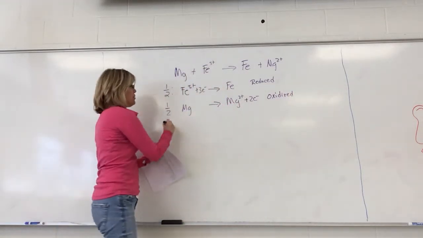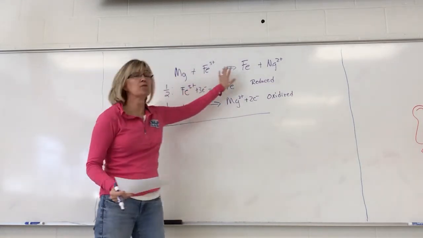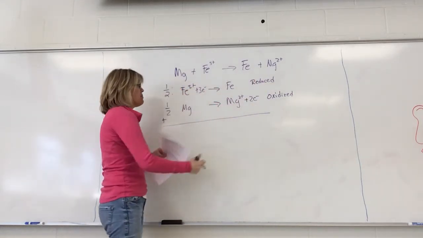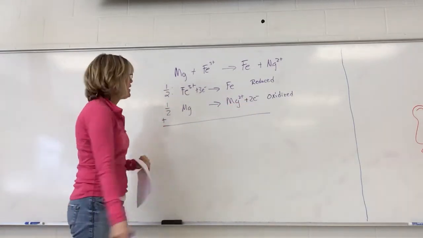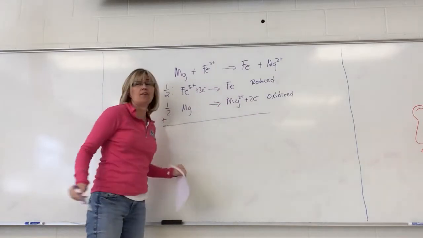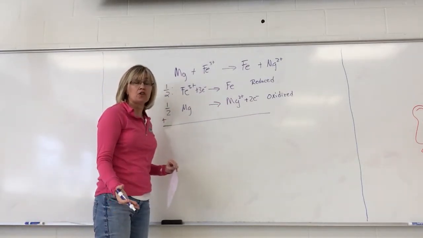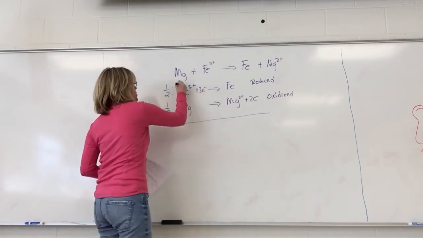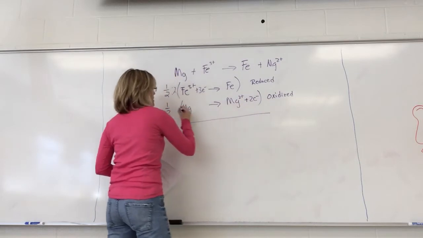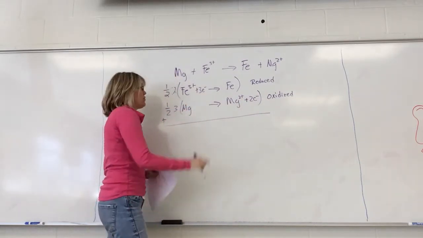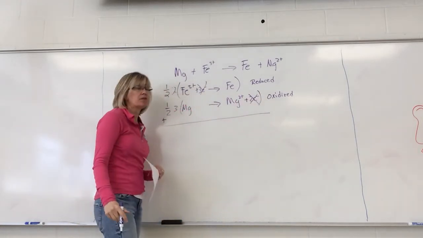All right, the problem is if I add my half reactions up to get the balanced chemical equation for this, I must gain and lose the same number of electrons. Right now I've gained 3 electrons and lost 2 electrons. So what I have to do is make sure that I lose and gain the same number. And I can do that by taking this one times 2 and this one times 3. Because then I'll have 6 electrons and 6 electrons, and they'll cancel out, won't they?